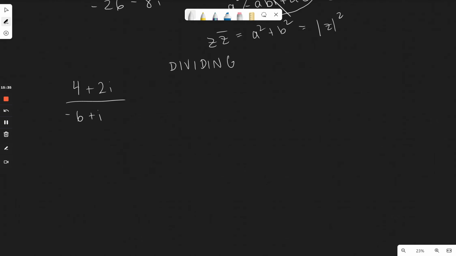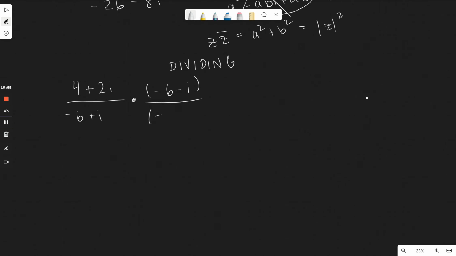If we want to get rid of this imaginary component in the denominator, as we did here, now it's just a squared plus b squared with no i's. What we can do is multiply both the top and bottom by the complex conjugate of negative 6 plus i. Because when we do that, we're just multiplying it by 1, right? Which doesn't do anything. So that's why we're allowed to do this.